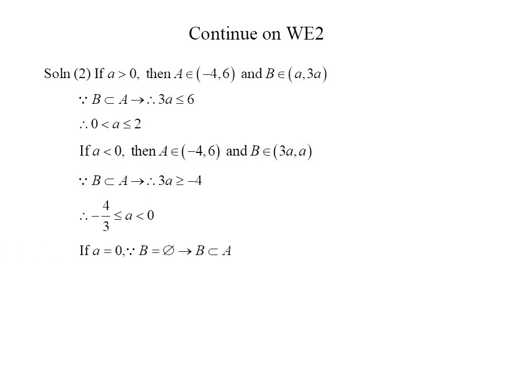When a equals 0, obviously, in this case, set B is a null set, which is also a proper subset of set A. Now, in summary, when a is between -4/3 and 2, including both endpoints, set B is a proper subset of set A.